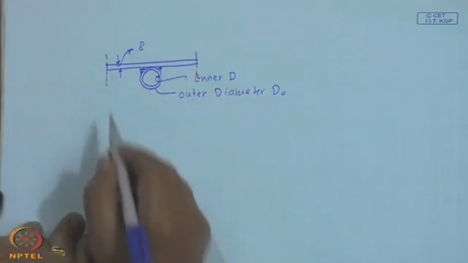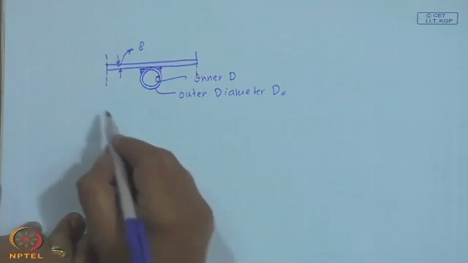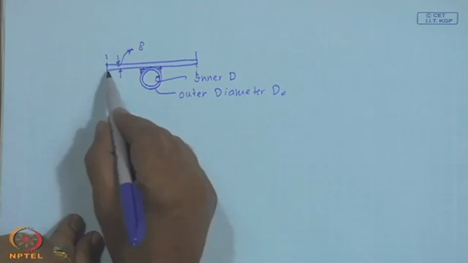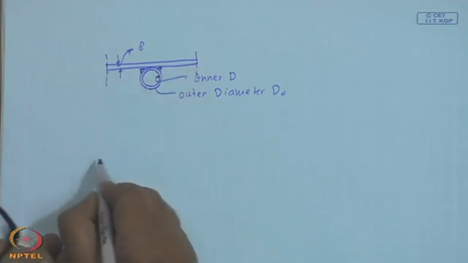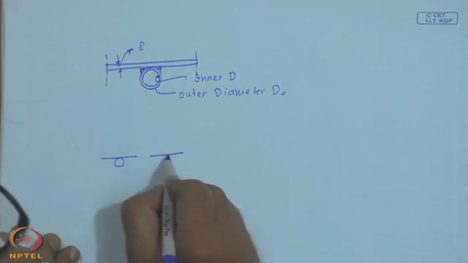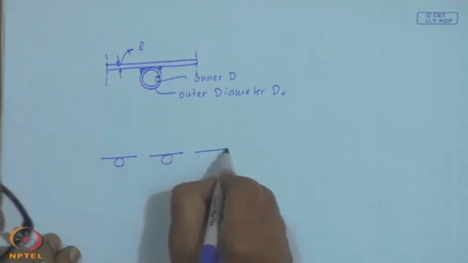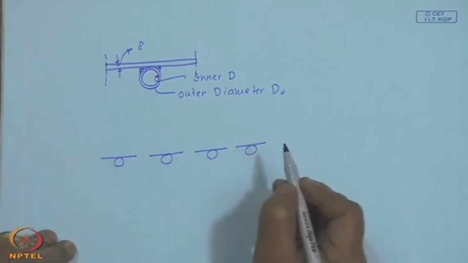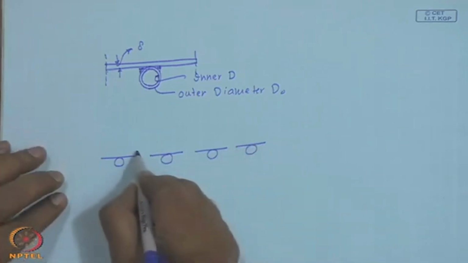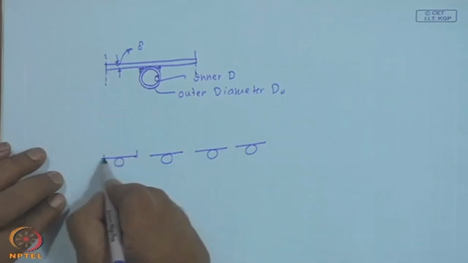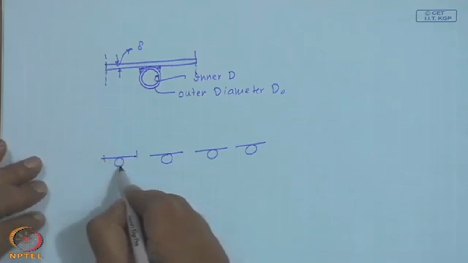So, I have W minus d by 2, where W is the distance between the center to center, and we have got a number of elements repeated like this in the collector. They are all joined, and each one is half a sheet on this side and half a sheet on the other side with a tube in between.